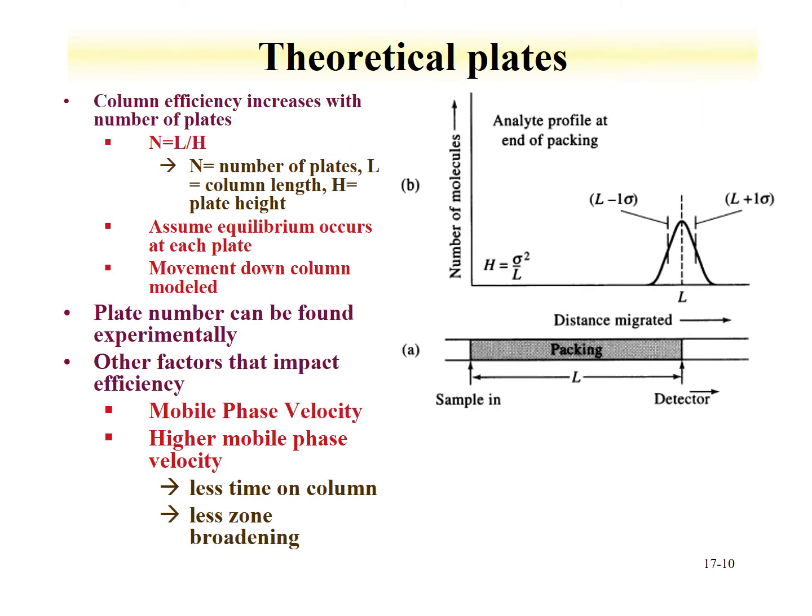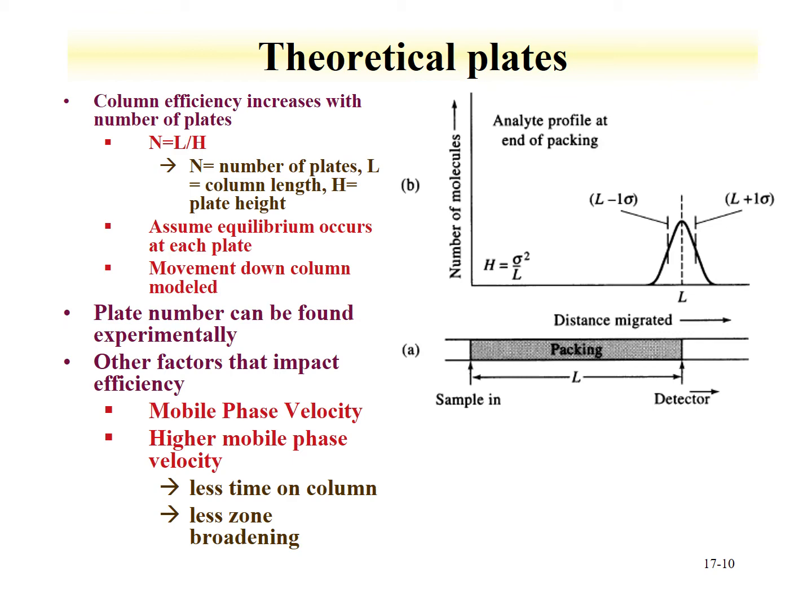As we mentioned earlier, a term that one can use to evaluate a column is the number of theoretical plates on the column. And these are, as we discussed, fundamentally the number of exchange areas that occur on a column. For a given column, an increase in the number of plates means that you tend to have an increase in the separation efficiency.